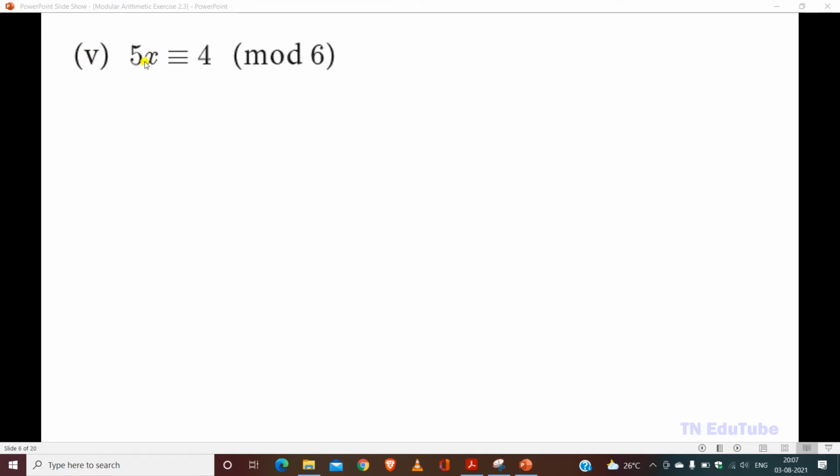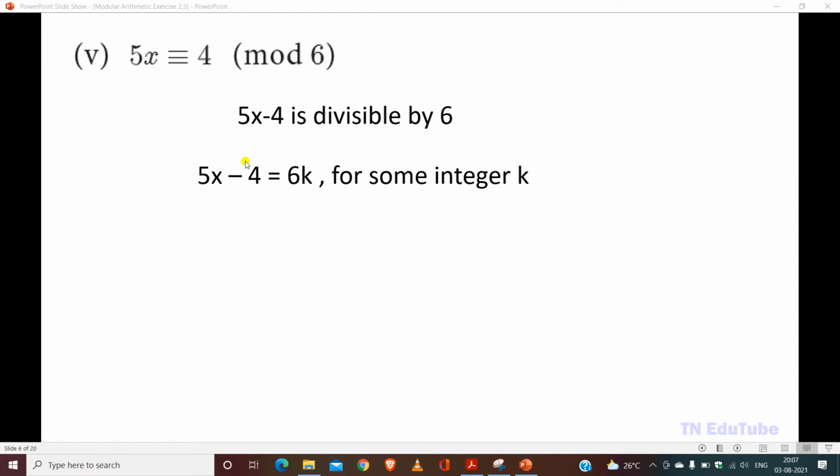Then Roman letter 5: 5x is congruent to 4 mod 6. You have to find the least value of x that satisfies this equation. 5x minus 4 is divisible by 6. Directly it is somewhat difficult, isn't it? So divisible by 6 means you write it like this: 5x minus 4 is equal to 6k, a multiple of 6, where k is some integer.